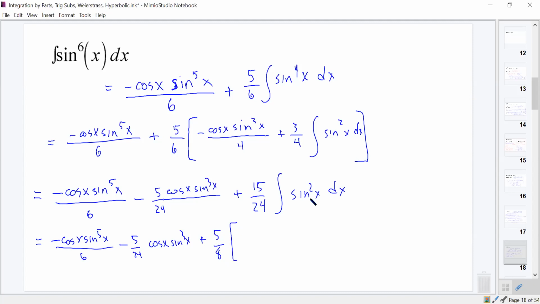Should be negative cosine x sine x over 2 plus 1/2 the integral of sine to the 0 of x, which is just 1 dx. Good or not?